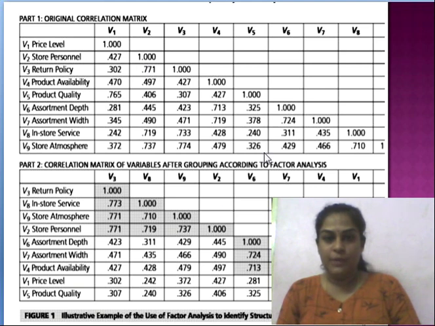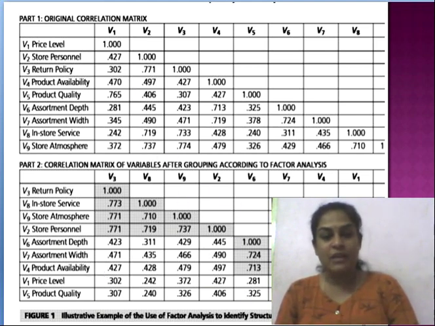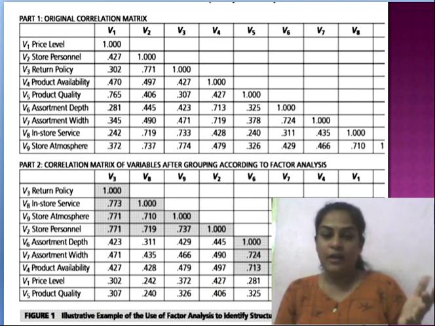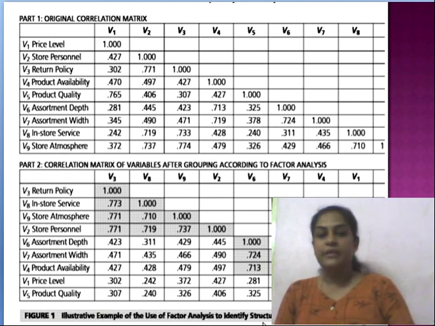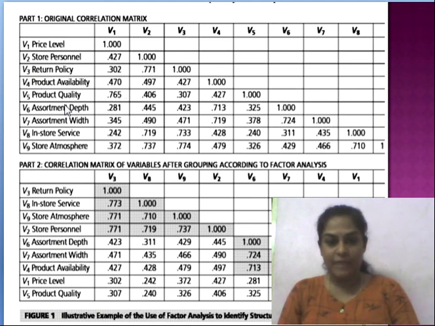If you observe all these points, you can understand what the original correlation matrix is. Another one is what we get by using the factor analysis method. In factor analysis, we group based on the structure. See here, B1 to B9: price level, store personnel, return policy, product availability, product quality, assortment depth, assortment width, services.